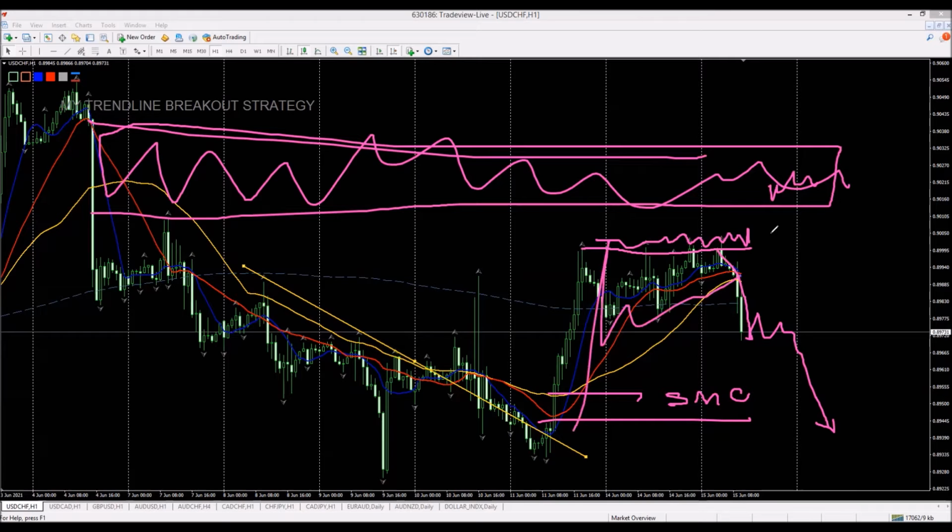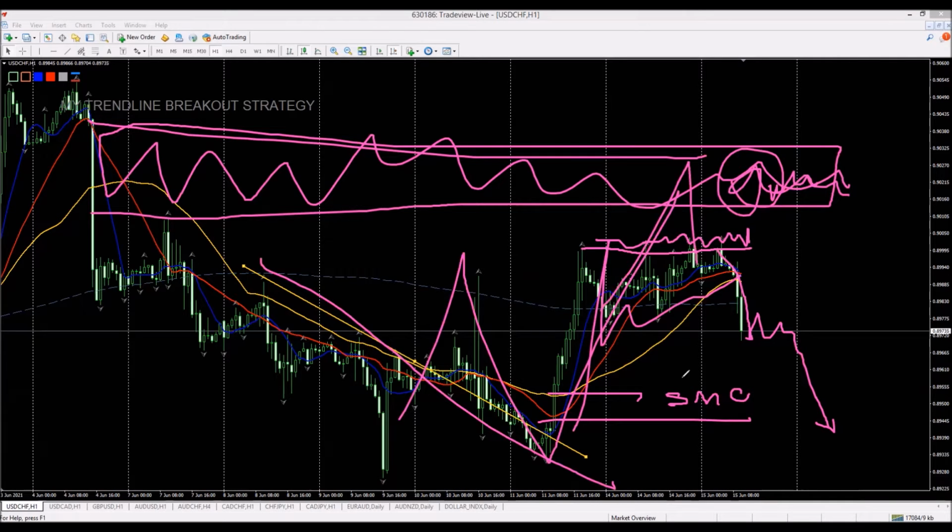Clearly it didn't have enough steam to get up there, but this would be an area of interest for some traders. Okay? But again, this was a beautiful trade, predictable, break of the trend line, pullback, and away we go. Okay? Predictable, we spoke about it, we anticipated it, and then it happened.